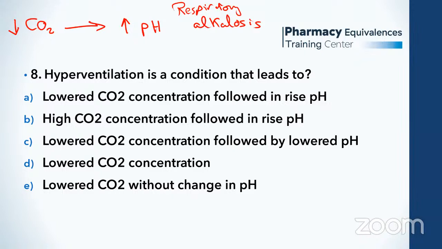Because the main cause is the lung. The first cause is the lung. The lung has hyperventilation, which leads to decrease in carbon dioxide, and this leads to a rise in pH level and becomes more alkaline pH. So the right answer here is A. Lower carbon dioxide concentration followed by rise in pH.